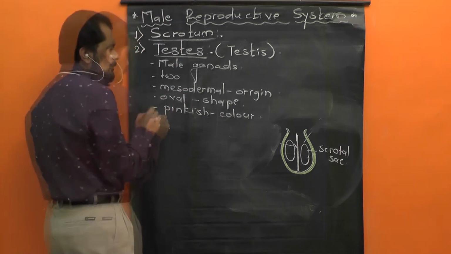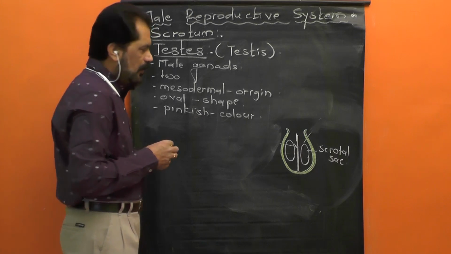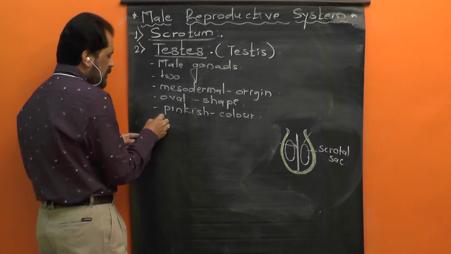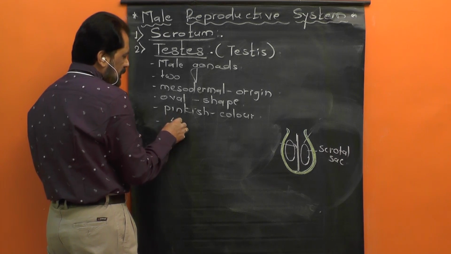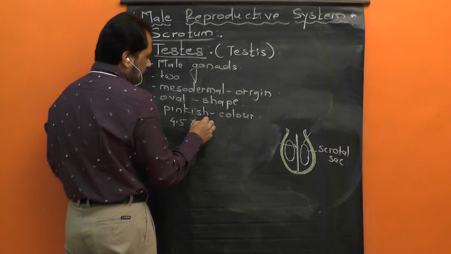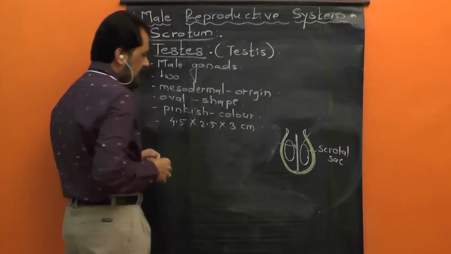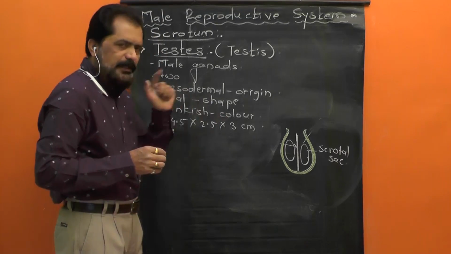The size of testes is variable, but on an average, in a normal adult human being, the size of each testis is about 4.5 by 2.5 by 3 centimeter. That is length, width and thickness.